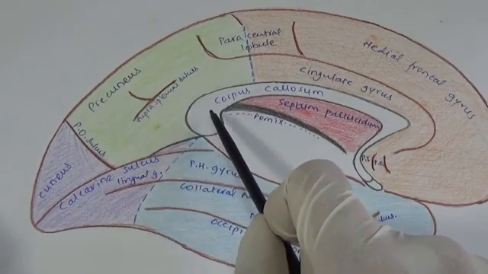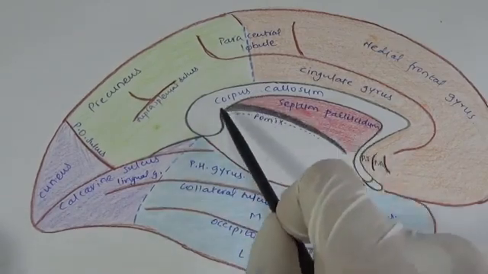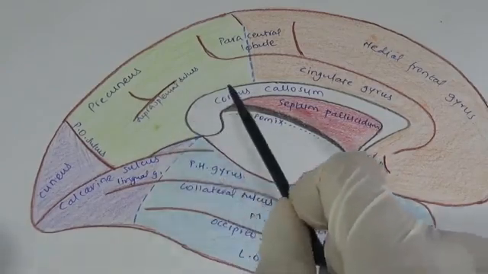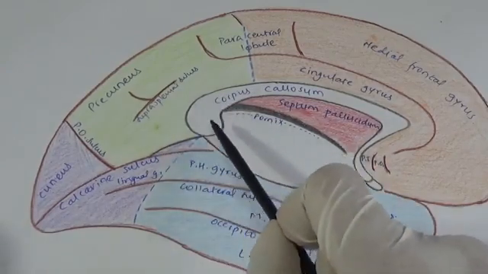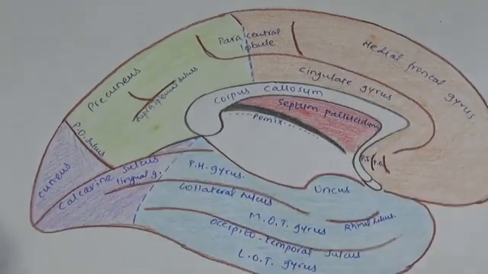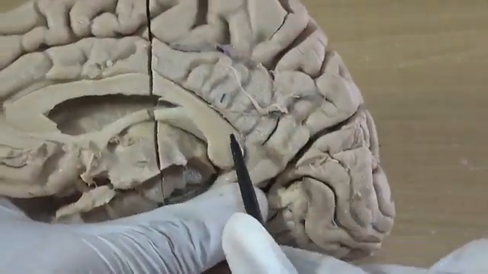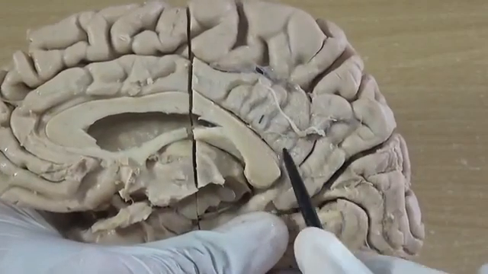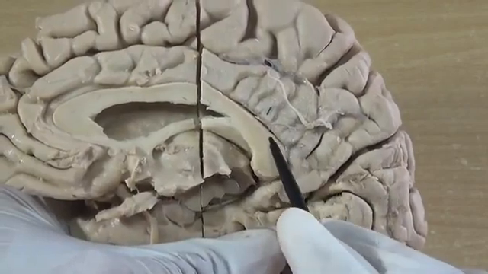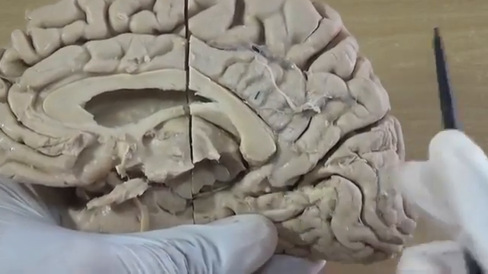Now the posterior horn, inferior horn and the central part of the lateral ventricle will basically trifurcate, okay, and that forms a triangle over here, and that is termed as collateral trigon. So let me just show you it in a section. So beyond the splenium, the central part will continue as inferior horn and posterior horn, and that area of division will be termed as collateral trigon.